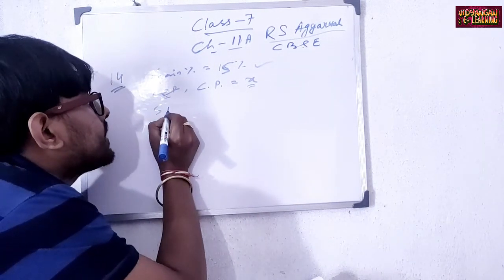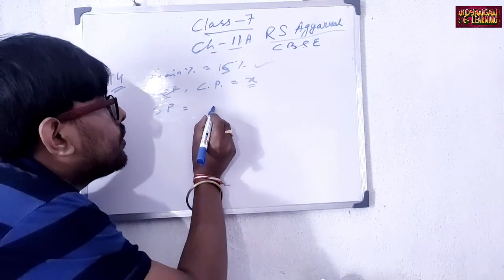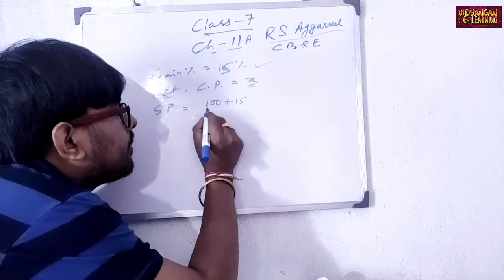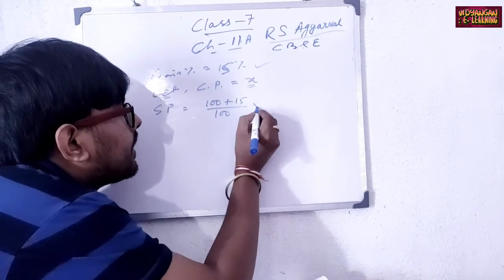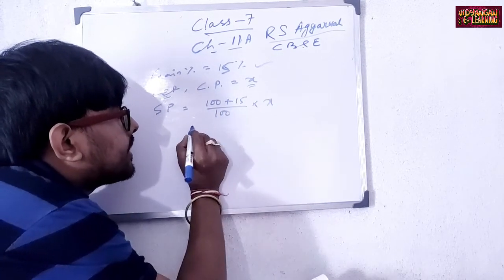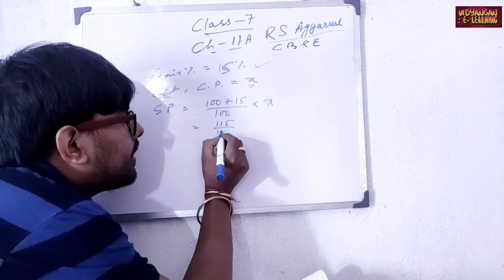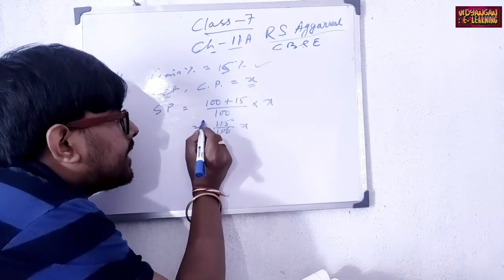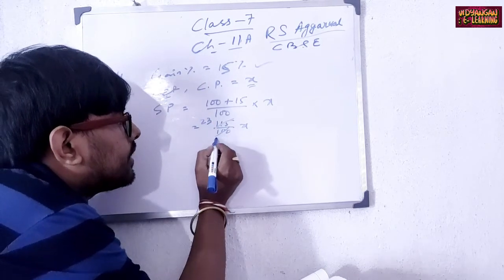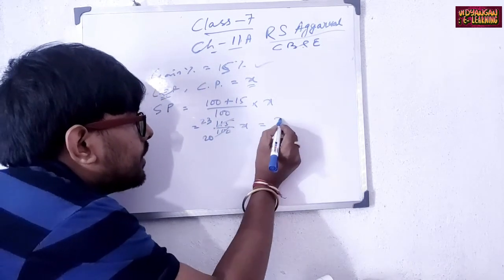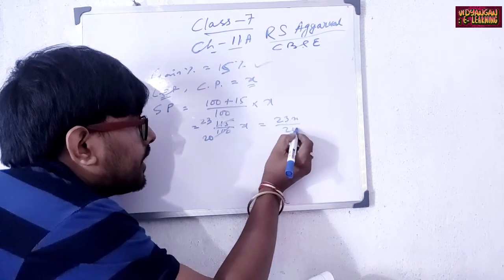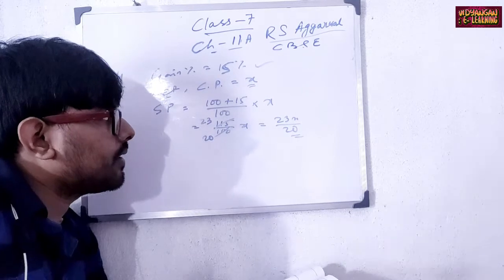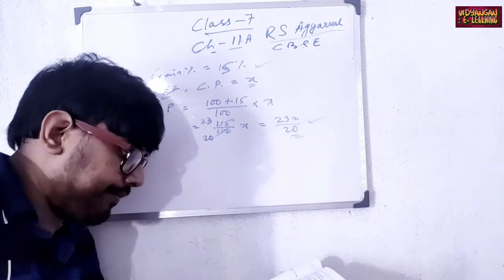So selling price is equal to 100 plus 15 by 100 into cost price, that is X. So 115 by 100 X. Cancelling, it is 23 by 20, so 23x by 20. We have the selling price in X.